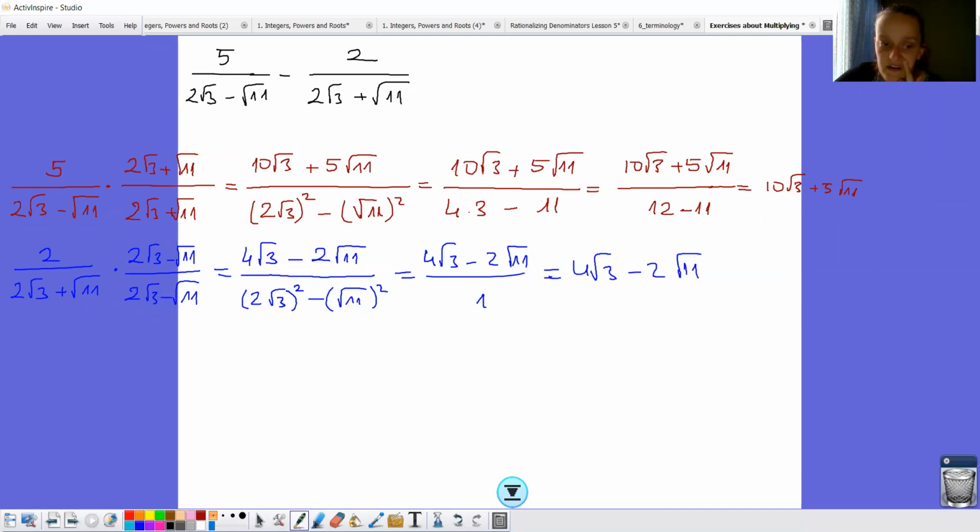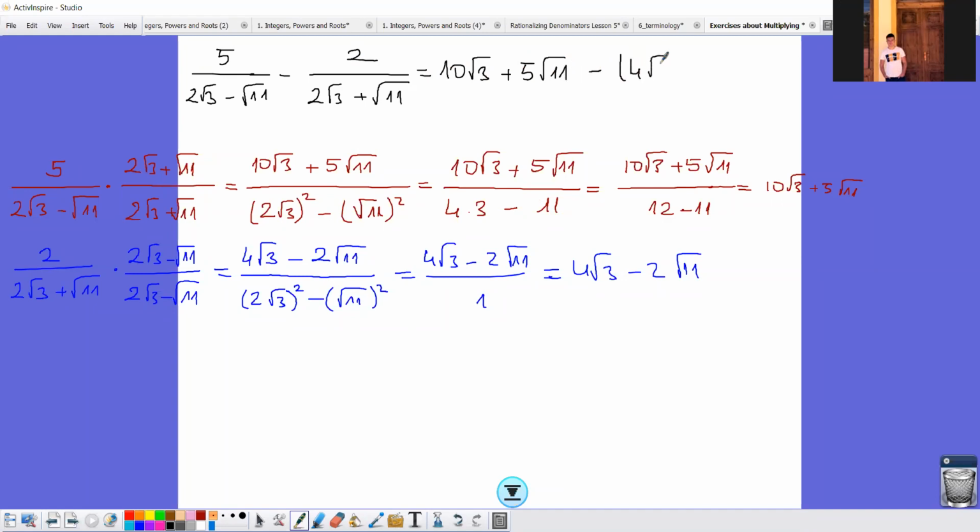Yes, teacher. Now we go up and we write 10 root of 3 plus 5 root of 11 minus, and don't forget to write the parentheses here because you have minus, 4 root of 3 minus 2 root of 11.